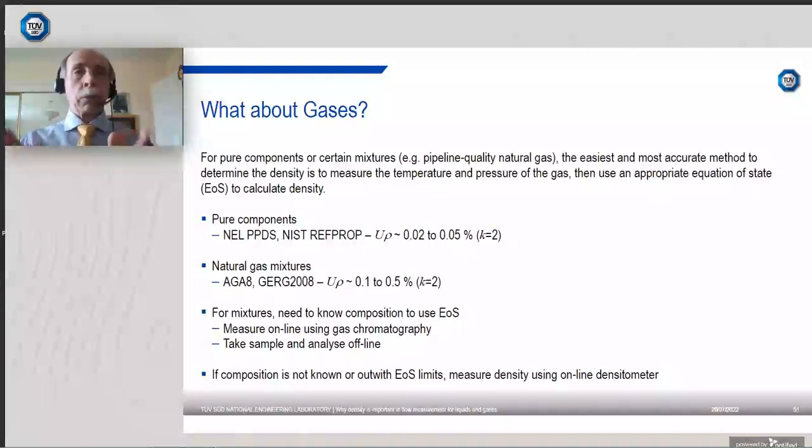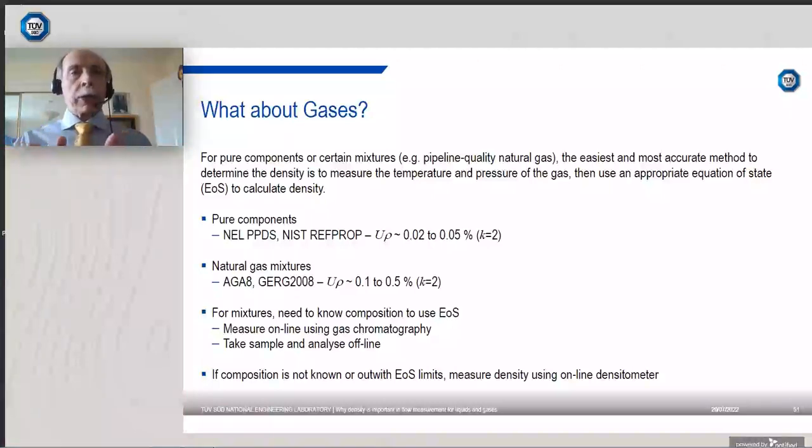So for pure components, for example, NEL has its own PPDS package, which covers a wide range of components. NIST, the National Institute of Standards and Technology in the US, have the RefProp package. And these are capable typically of calculating gas density with an expanded uncertainty of the order of 0.02 to 0.05% across a wide temperature and pressure range.